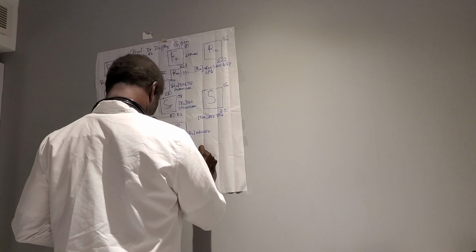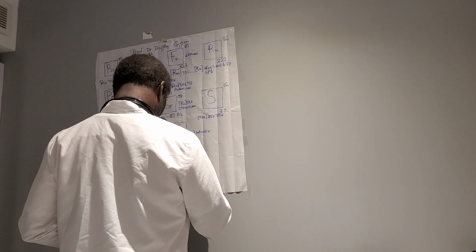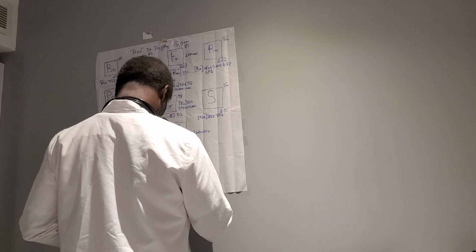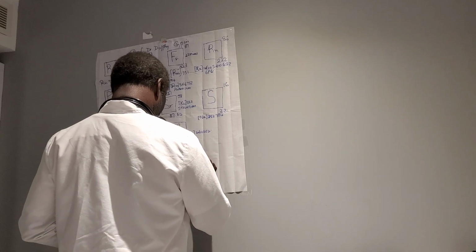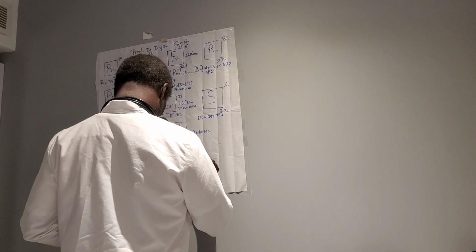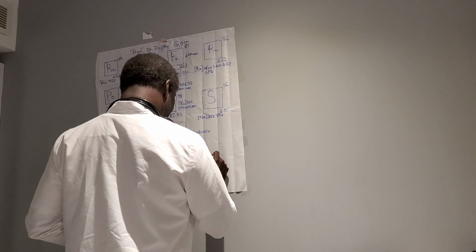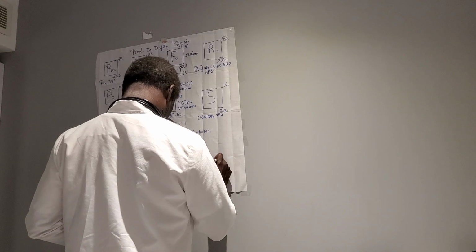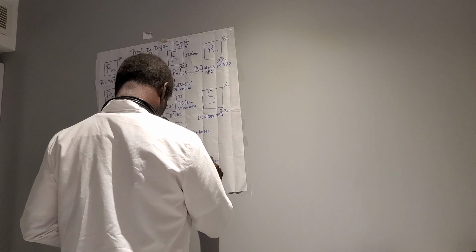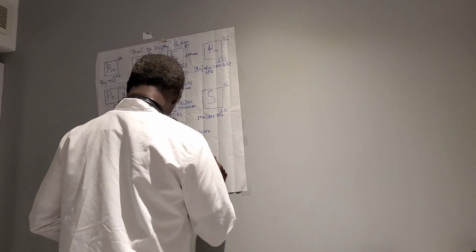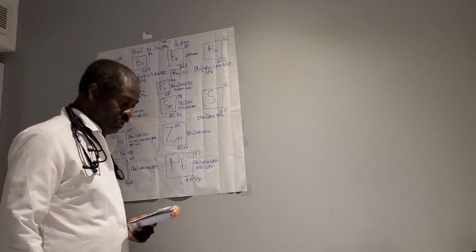Atomic number 82, atomic mass of 207.2, and an electron configuration now of xenon, Xe, 4f14, 5d10, 6s2, 6p2.